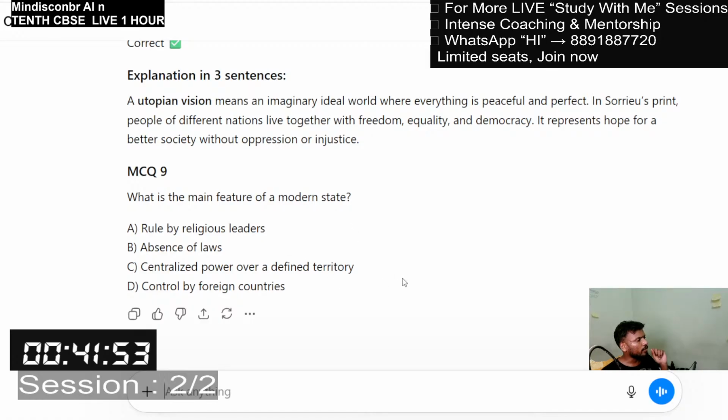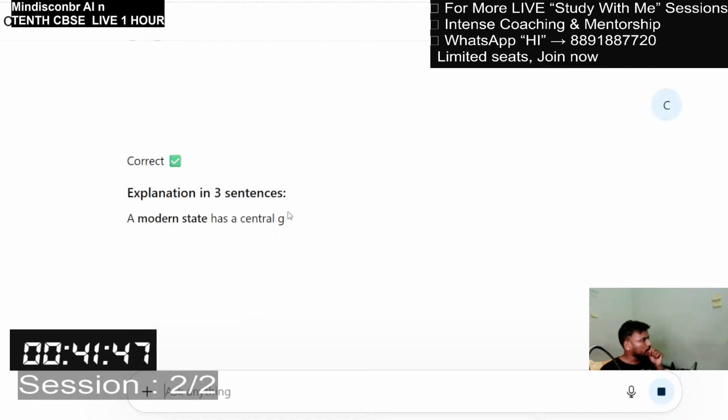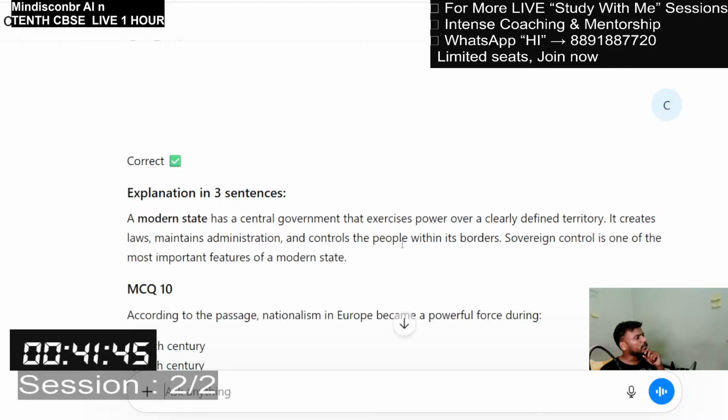Centralized power over a defined territory. Yes, a modern state has a central government that exercises power over a clearly defined territory. It creates laws, maintains administration, and controls the people within its borders. Sovereign control is one of the most important features of a modern state.